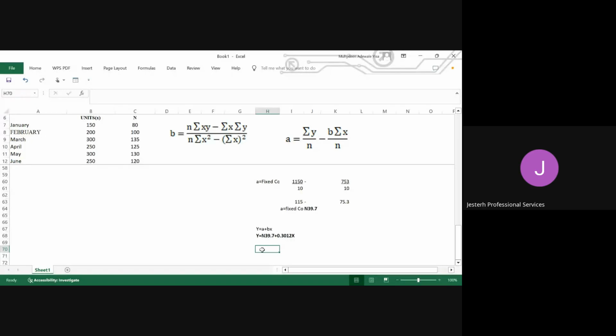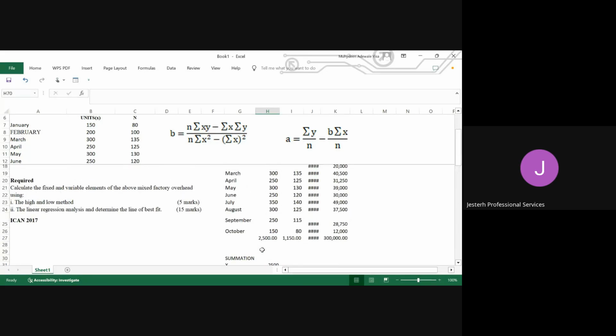This will now help us to determine our budget and budgetary control, by using these cost functions to prepare our forecasting, future forecasting, to help an organization make decisions. The only difference here is we are using a statistical tool, which is linear regression, linear formulas. This is what they're asking us to do.